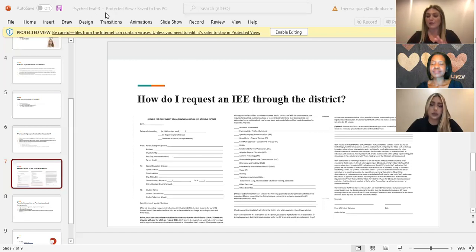So for example, we'll have a token economy chart, right? Every time a child answers a question, we'll do an X or a smiley face. And when they have 5 smiley faces, we take an iPad break, or we have a snack break. And so we do things like that.